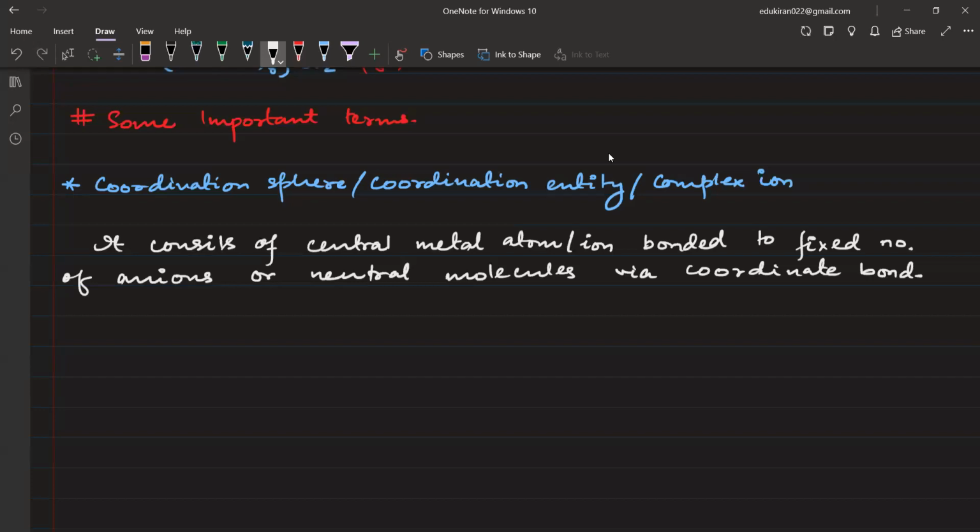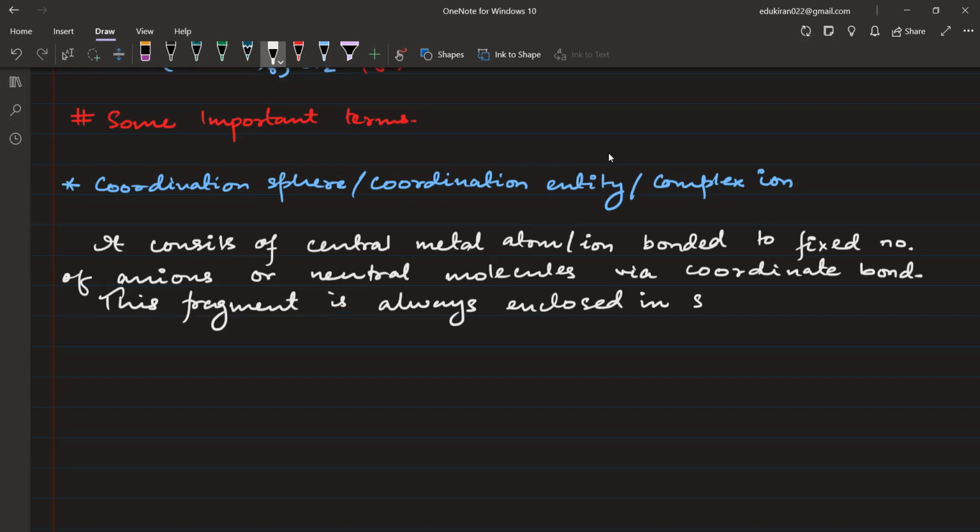This fragment is always enclosed in square brackets.